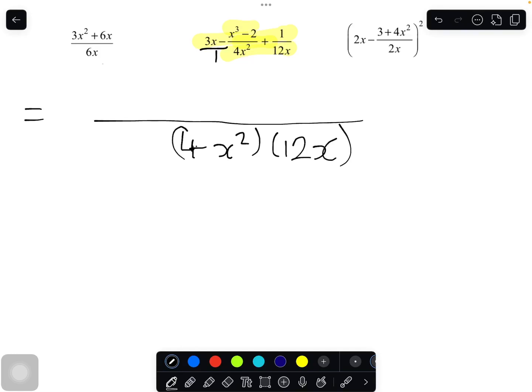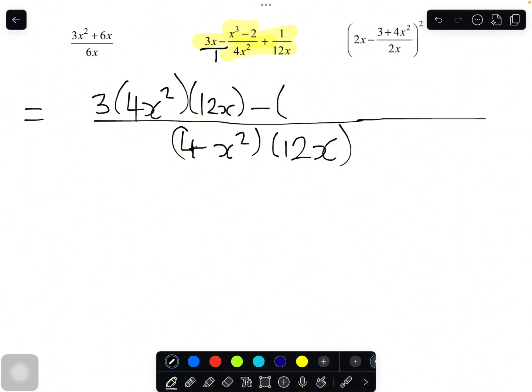Now this is over 1, so I'm going to say 3x. 1 doesn't cancel out any of these terms in the bottom, so it's going to be 3 into 4x squared into 12x. Minus, I'm going to open brackets because when you're dealing with a minus sign, it is actually multiplied by a negative, so you just save yourself if you put that negative sign there.